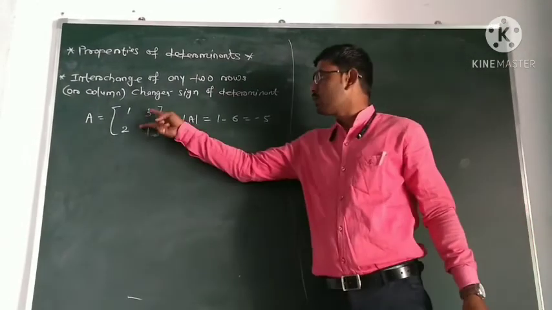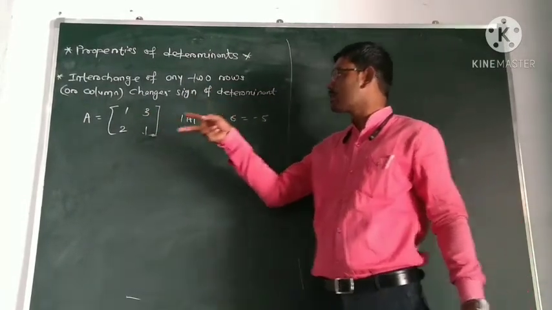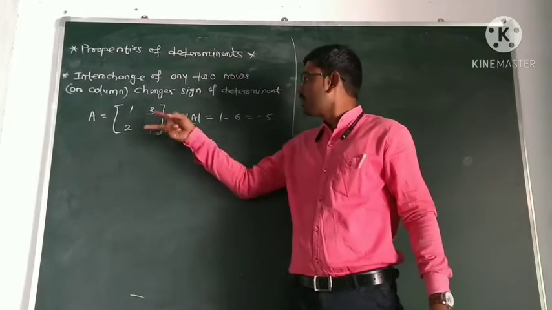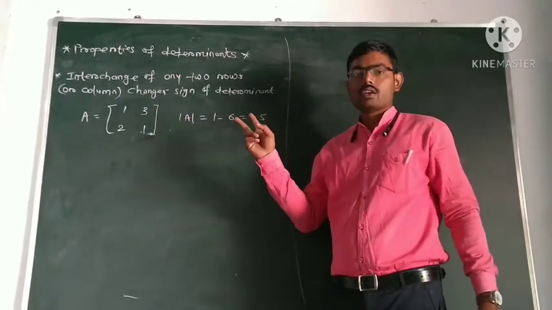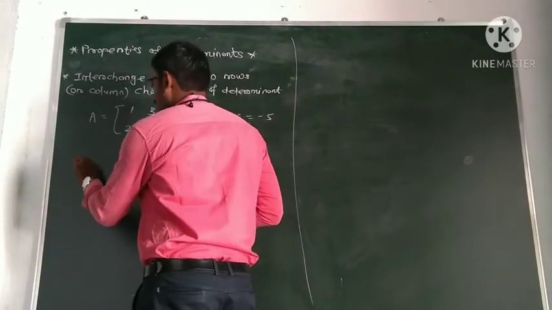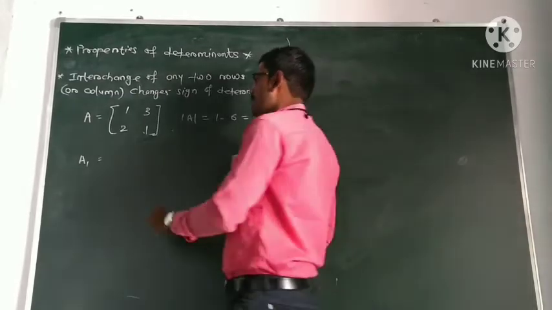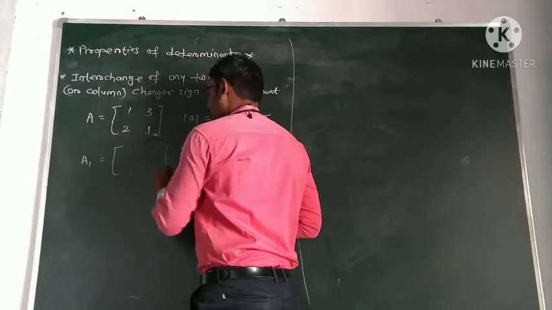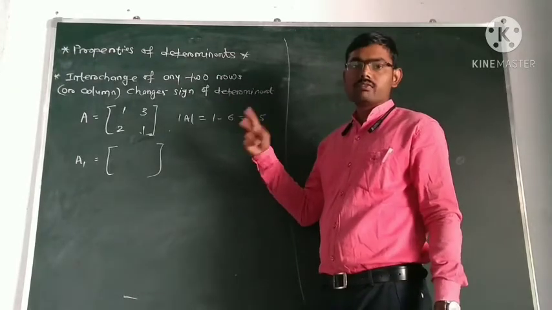Now there are only two rows, so we have only one option to change the rows: we interchange these two rows. We will give another name, A1. A1 is the matrix obtained by interchanging the two rows of the given matrix.